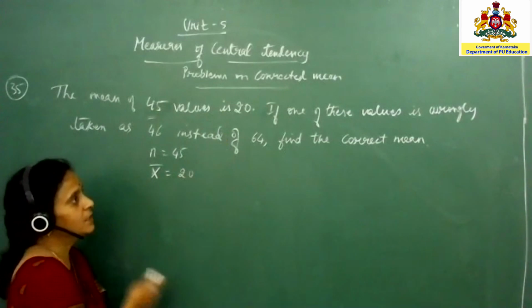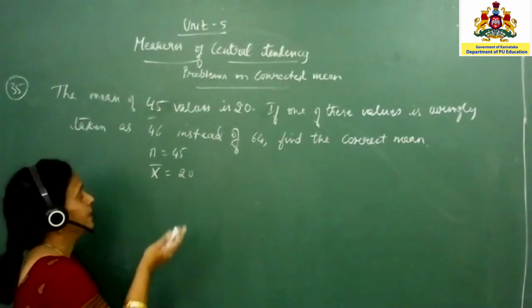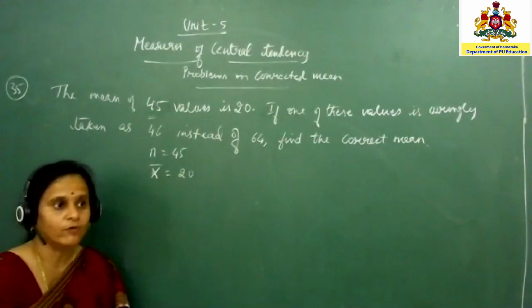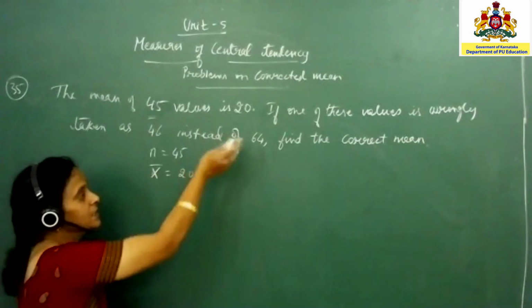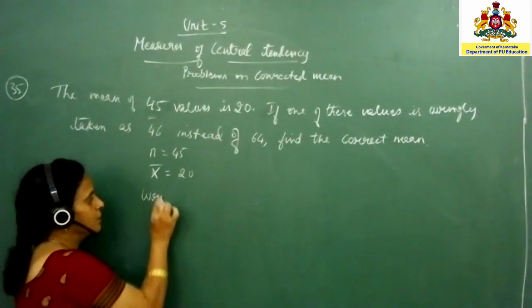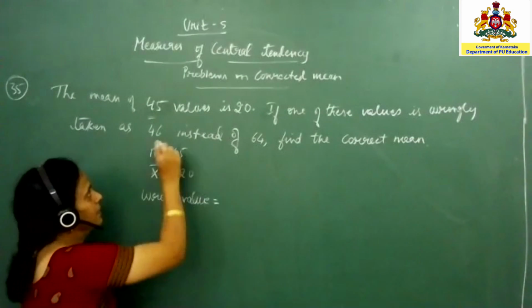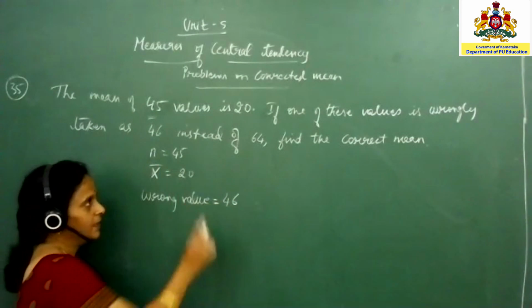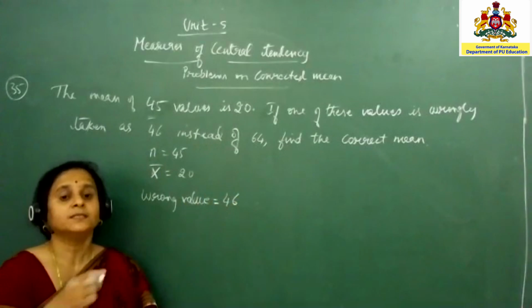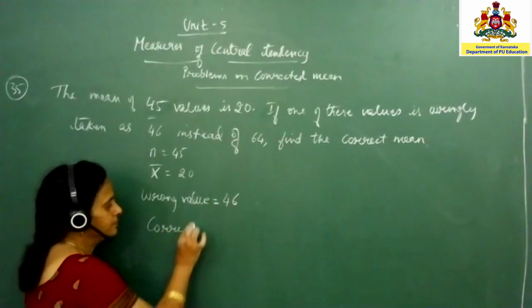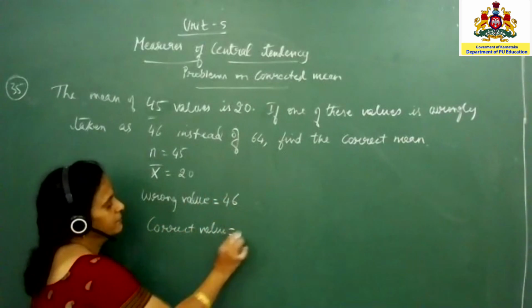Next sentence: if one of these values is wrongly taken as 46, it means one of the observations is taken as a wrong value, 46, instead of 64. It means 64 is the right one, so the correct value is 64.